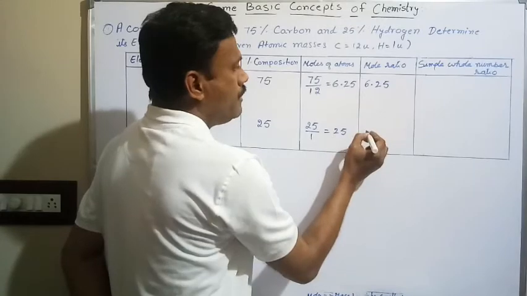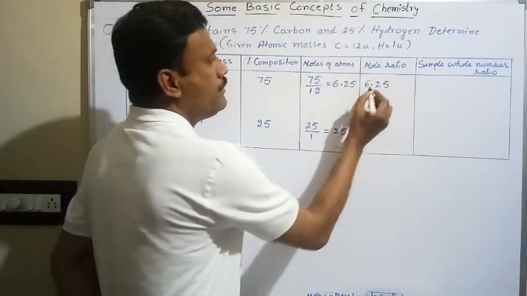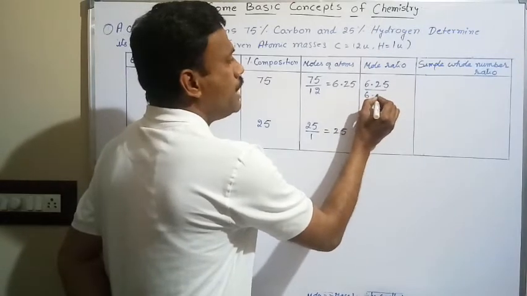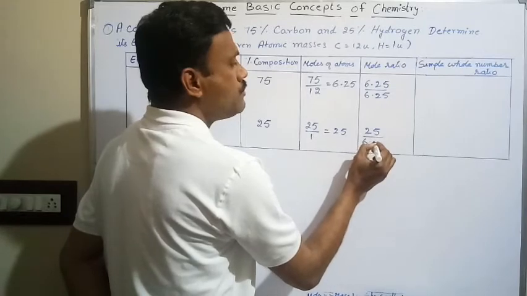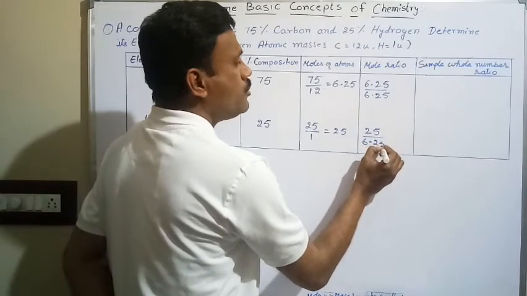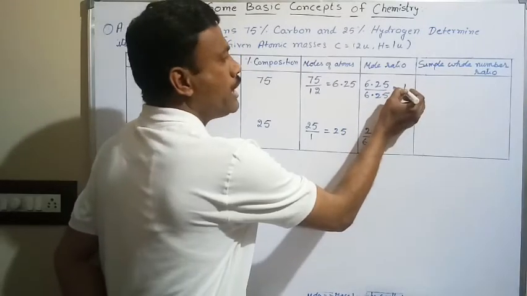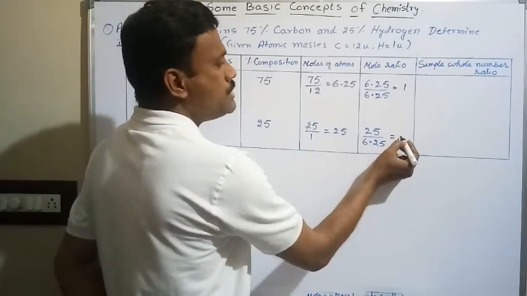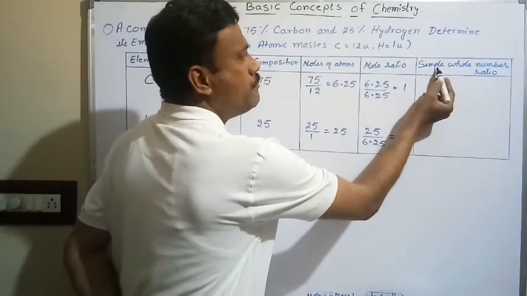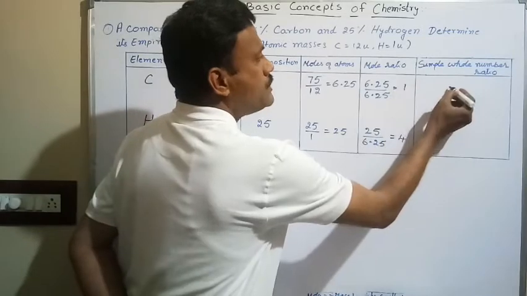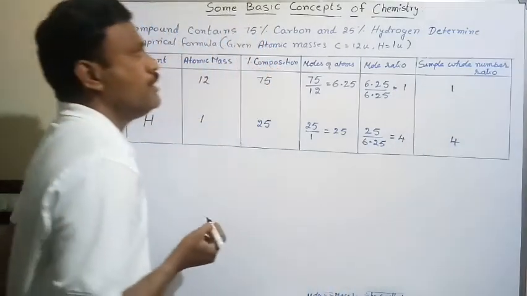The smallest number is 6.25, so 6.25 divided by 6.25 gives 1, and the other gives 4. Next comes the simple whole number ratio, that is 1 and 4.